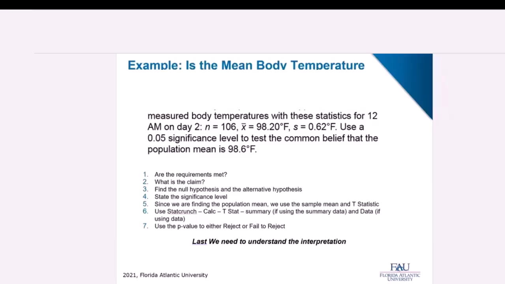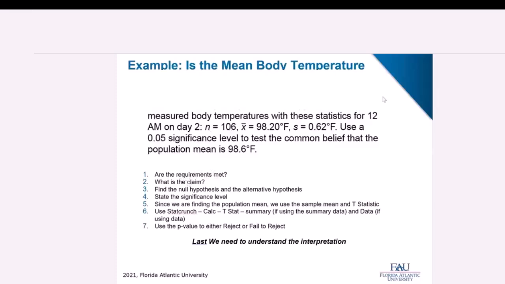Is the mean body temperature really 98.6 degrees Fahrenheit? Measured body temperature with these statistics for 12 a.m. on day 2. First, are the requirements met? We can make the assumption that they're going to use a random sample. And also, n is greater than 30. We've met the requirements.